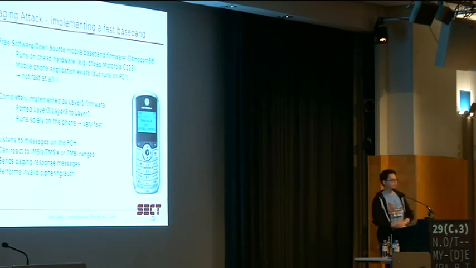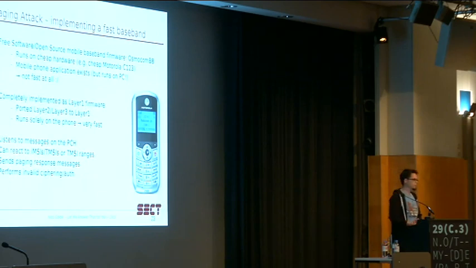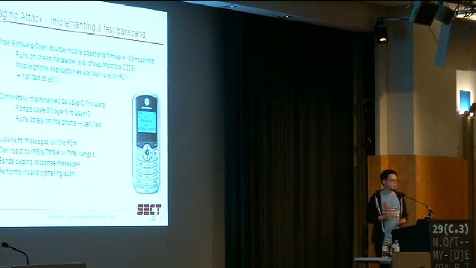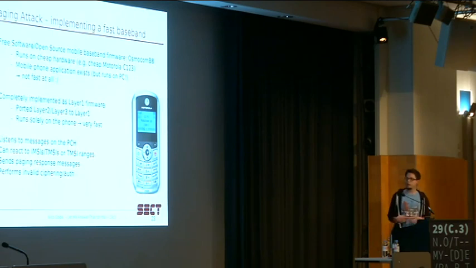And there's also an application which is called mobile application, which already implements basically a phone. So you could modify that to respond to paging for other subscribers and see how it reacts. In practice, as you will see, this is way too slow because the mobile application in Osmocom is running on a PC and communicating with the layer 1 firmware on the phone over a serial line, and this is not really the fastest.